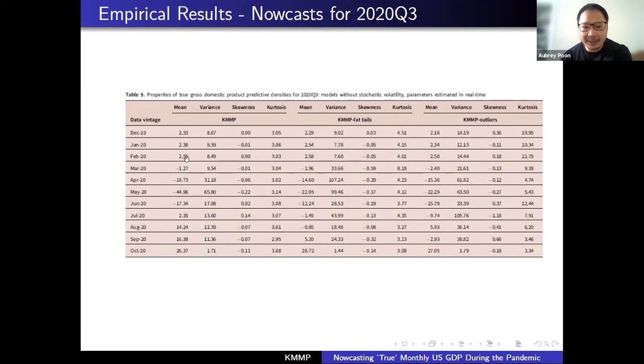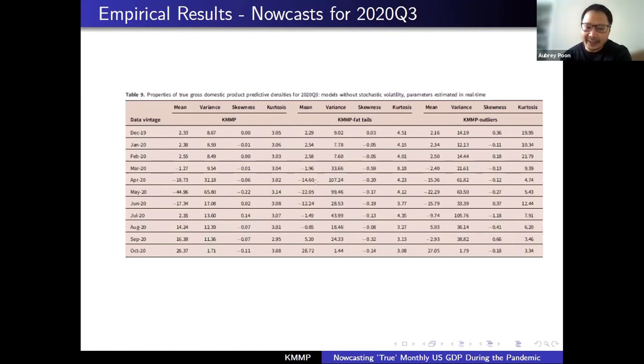The next nowcast is for 2020 Q3. Similarly, we see that in May, based on those vintages from March 20 to May 20, it's still a negative number. And it's only probably from the July vintage that the true GDP number becomes more positive. Again, we have quite large variance during the really negative numbers.